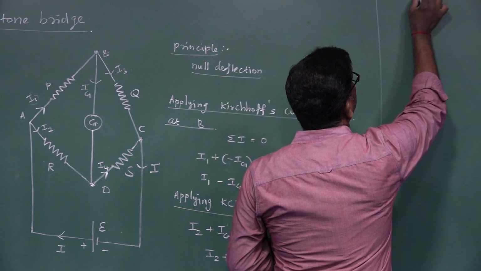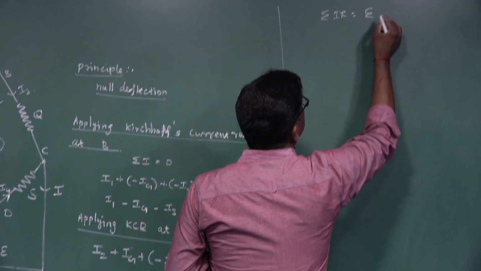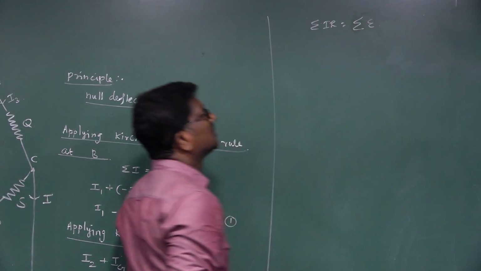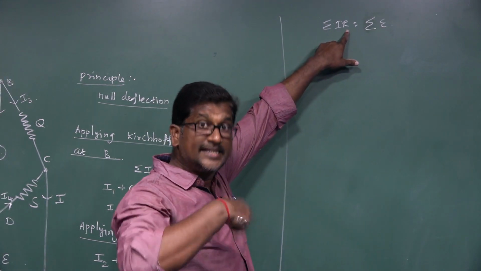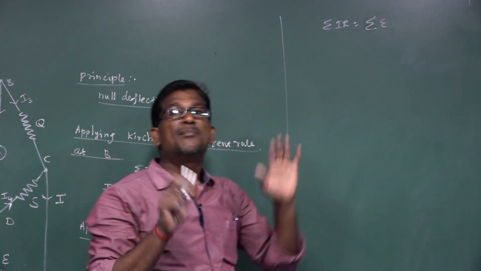That is, summation IR is equal to summation E.